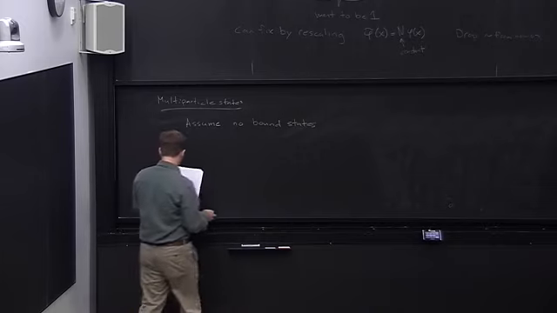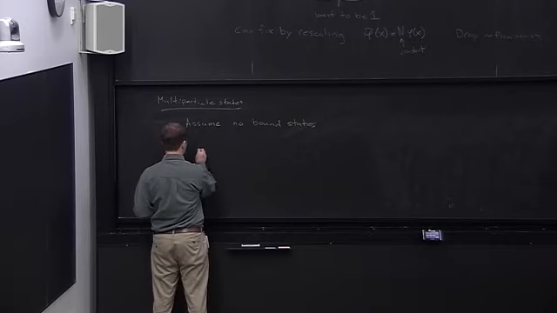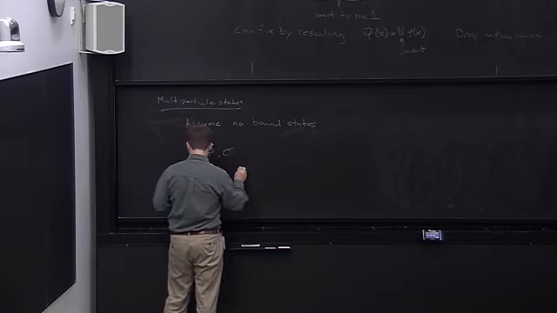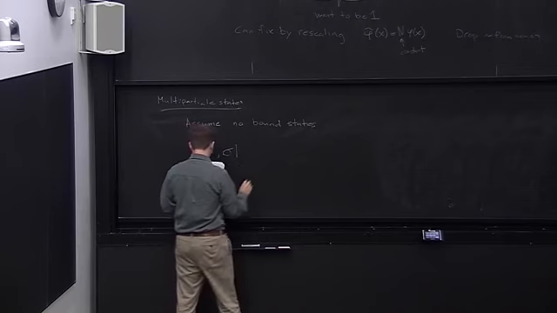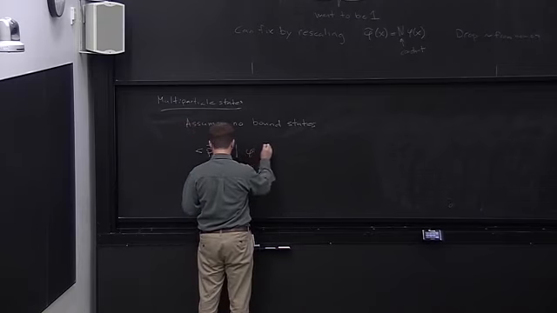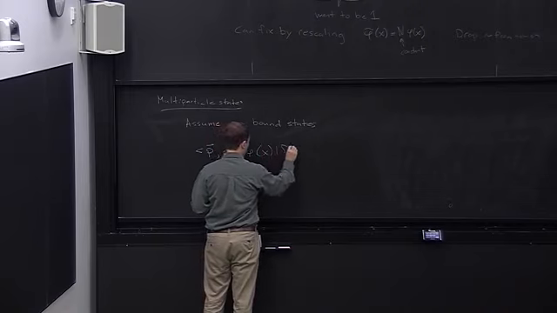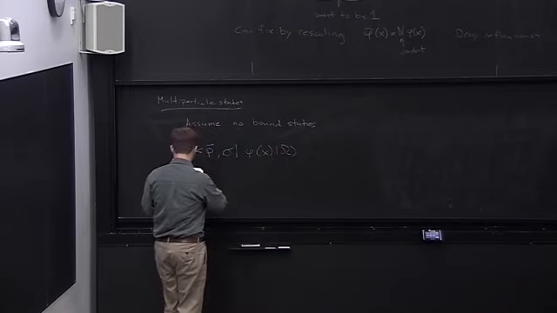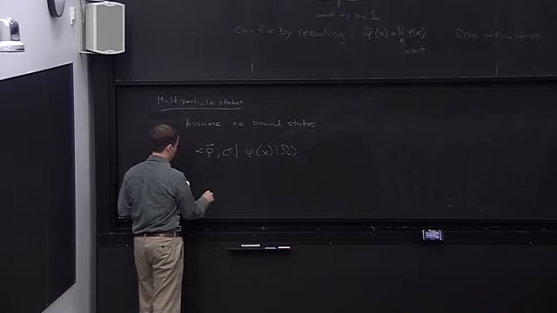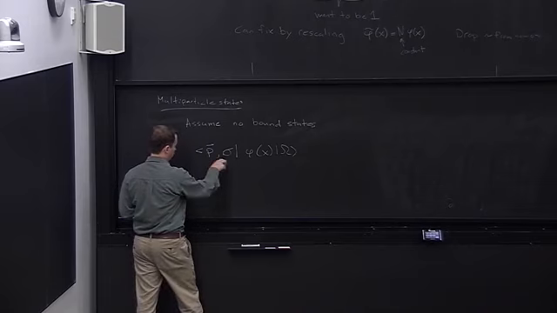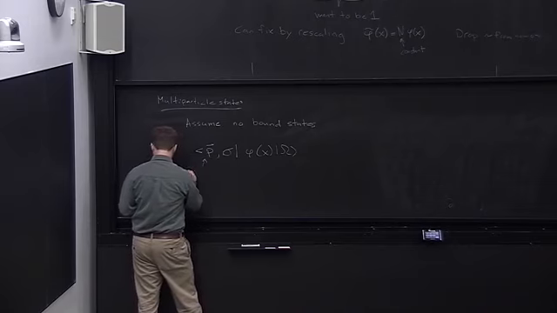Okay, so the first thing we might try to think we want is that the overlap between our one particle state and a multi-particle state is 0. Here I'm labeling the multi-particle state by the total 3 momentum.